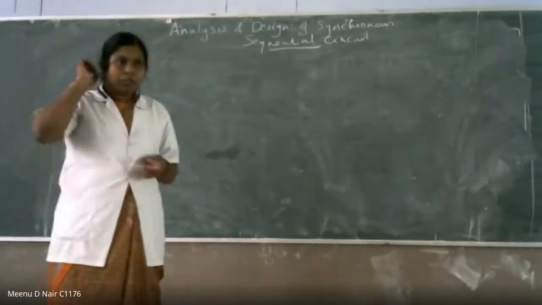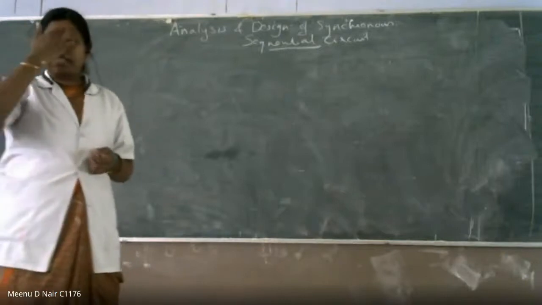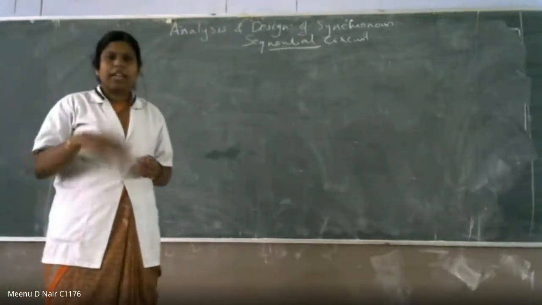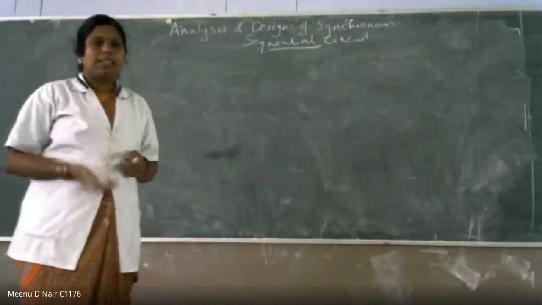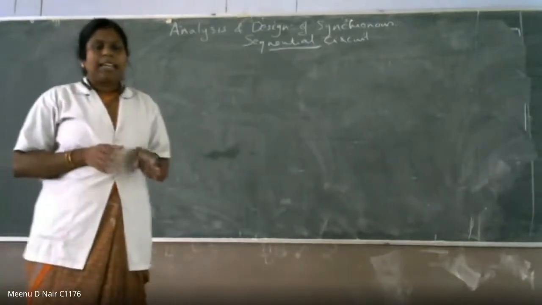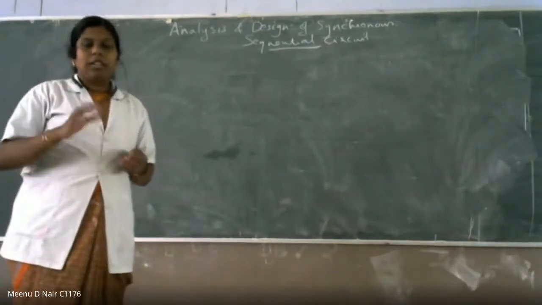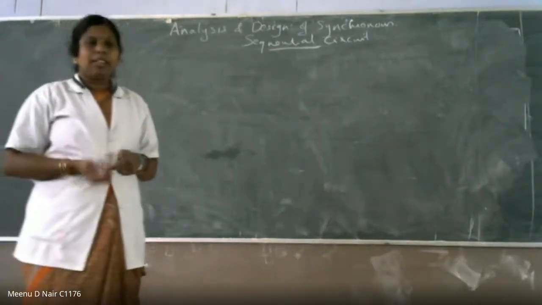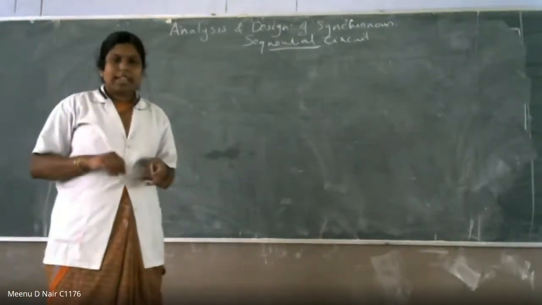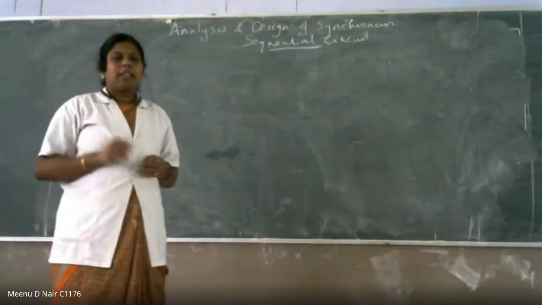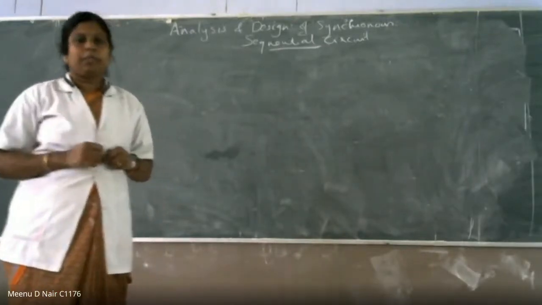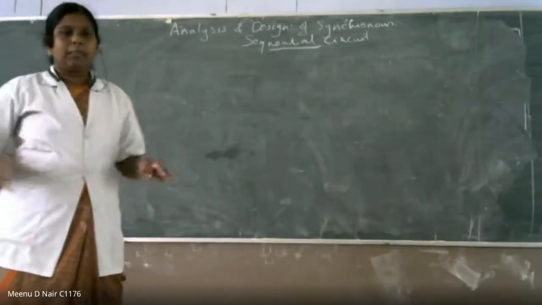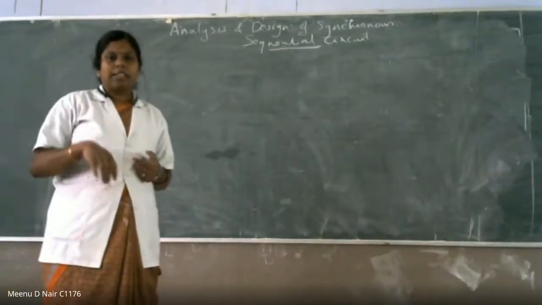So there are some steps we have to follow for the analysis procedure as well as the design procedure. It is only 3 or 4 lines for the procedure, but when it is asked as an essay question, you have to explain the same thing with an example. Okay. So you can consider an example and write it with the example.